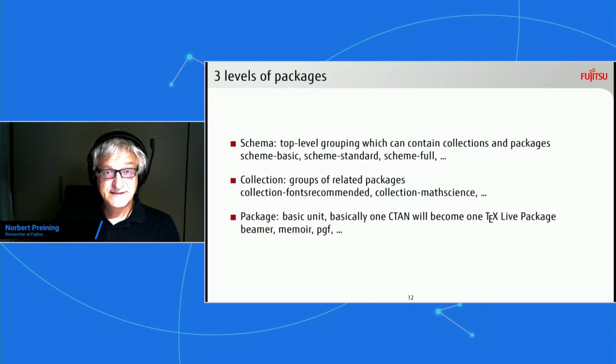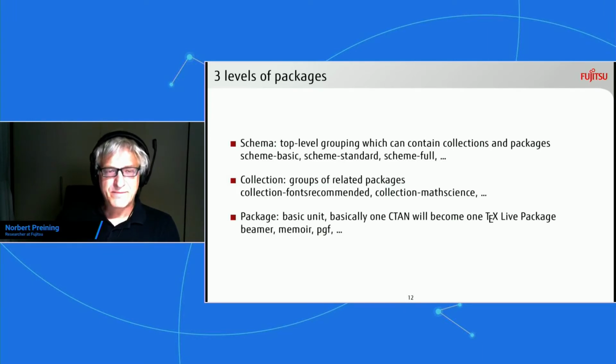So this is these 3 levels. As I said, scheme is the top level, which can contain or can request or depend on other collections or packages. It is rather a wild mixture on the scheme side. The collections try to group related packages. Also, what is important is that the collections, this is one of our promises, form a partition of all the packages, so nothing is contained in two collections.